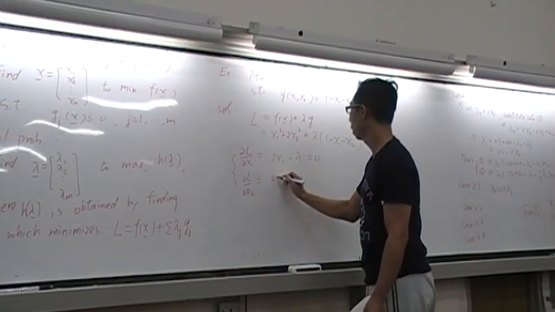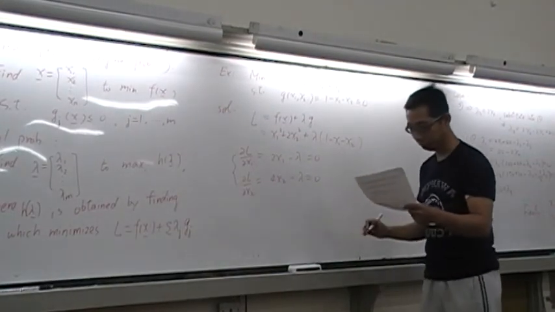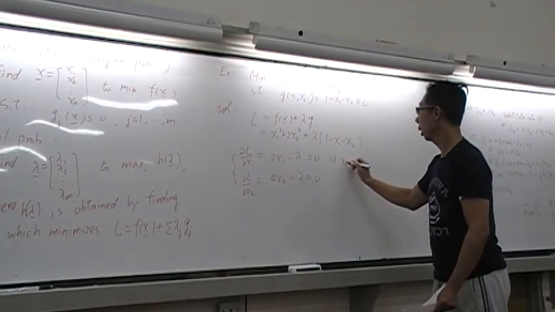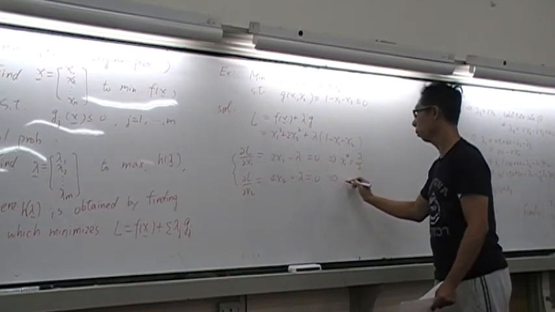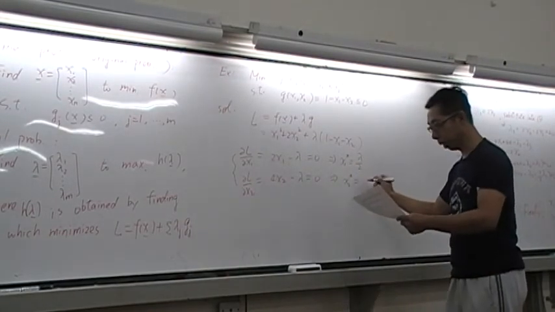And 4x2 minus lambda, and set that to be 0. So in this case, x1 star can be solved. That is half lambda, right? And over here, x2 star can be solved. That is 1/4 of lambda.